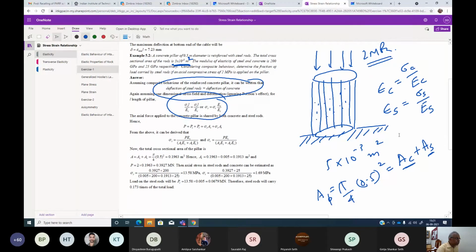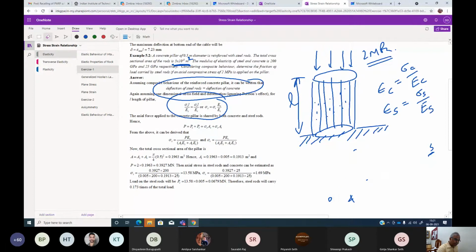Now, since deflections are same, so this length is, let's say, some length L. So the deflection will be delta of C will be epsilon C into L, and delta of S will be epsilon S into L. Now these two are the same.